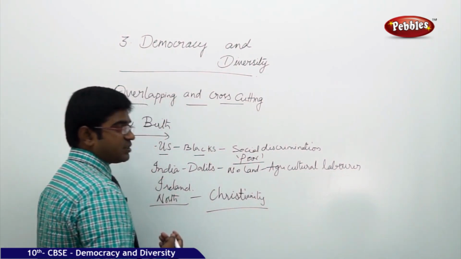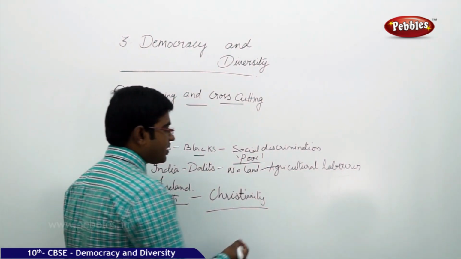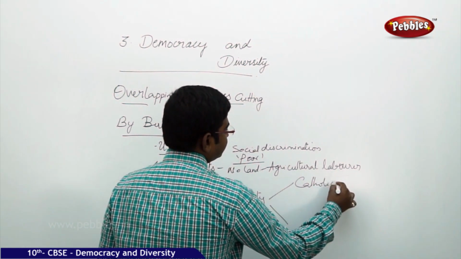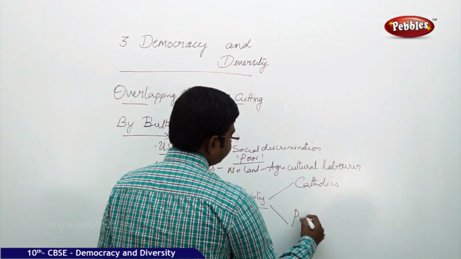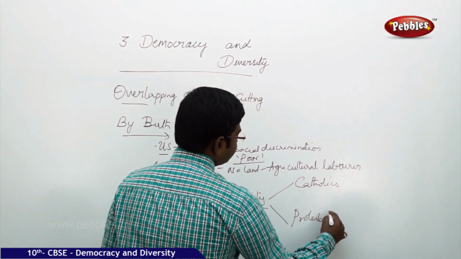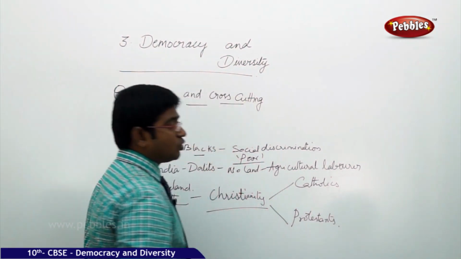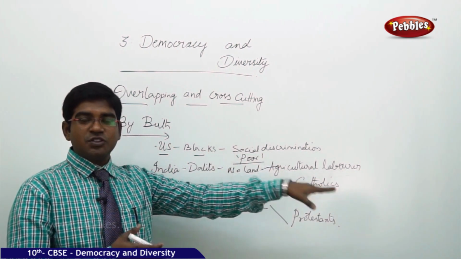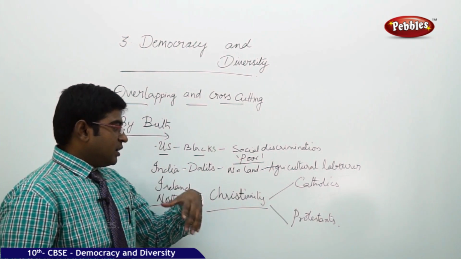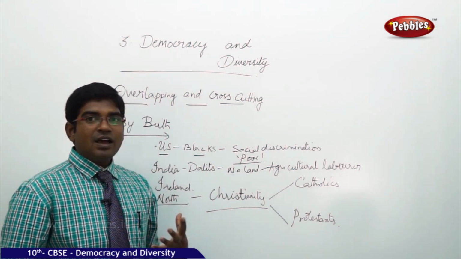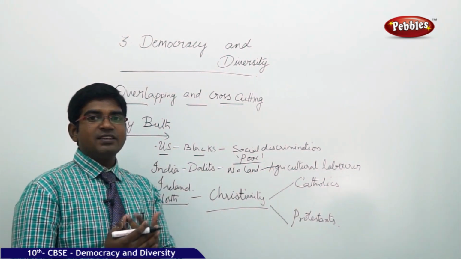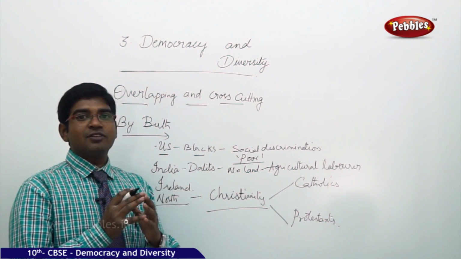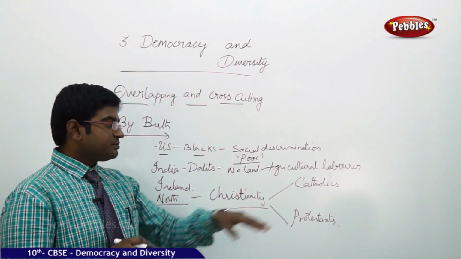When we talk about Christianity, we have two major divisions: Catholics and Protestants. The Catholics and the Protestants are the two major divisions of Christianity. In Ireland, we have the feeling that Catholics are not so rich. So obviously they have a social division between themselves.